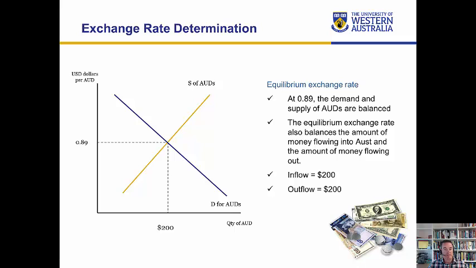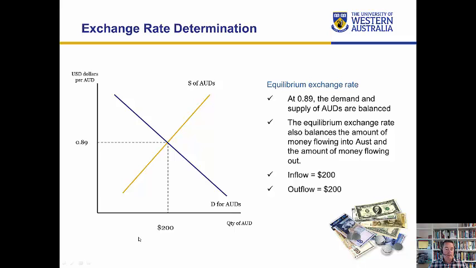Okay, so if a foreigner is demanding $200 worth of Australian dollars, and they're going to pay for that using some foreign currency, then that person must have the intent of spending that $200 in Australia. Now I know that there are minor exceptions to that kind of logic, but generally that is true.